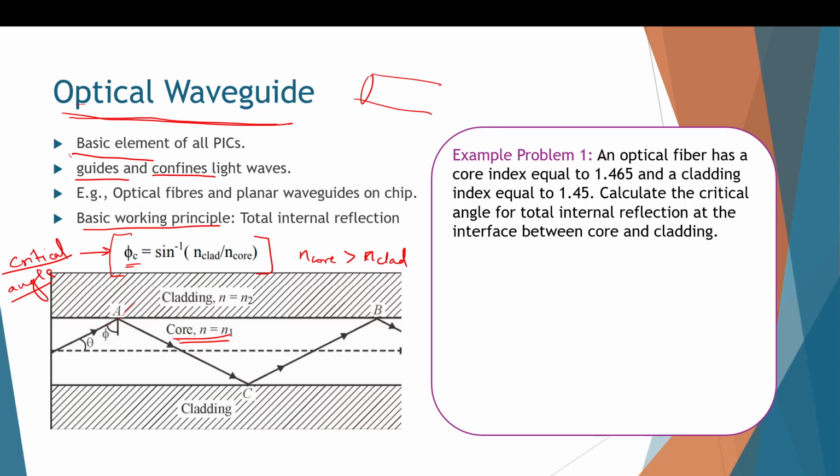So just as an example, we can try finding the critical angle for a typical optical fiber. In an optical fiber, we have silica. So core index will be 1.465 and cladding index will be 1.45. These values they have given. Calculate the critical angle for total internal reflection at the interface between core and cladding. So you can calculate this.